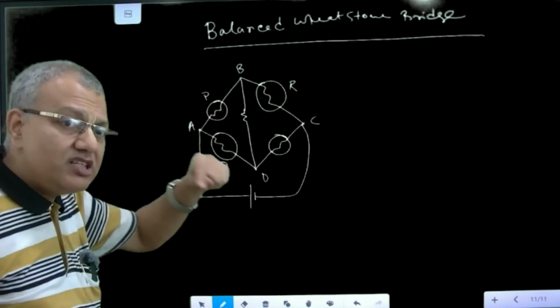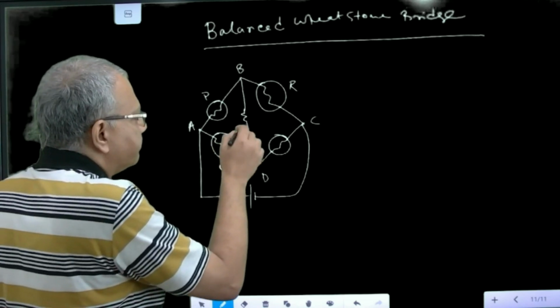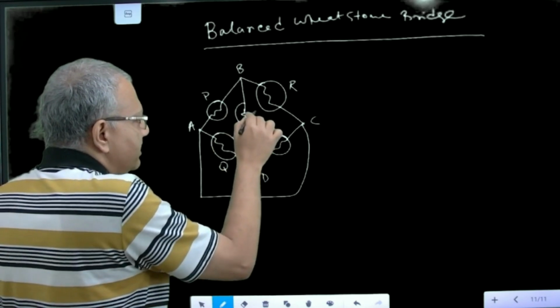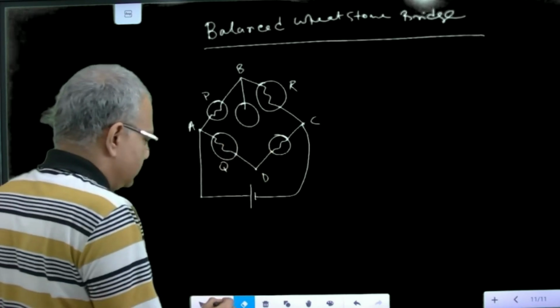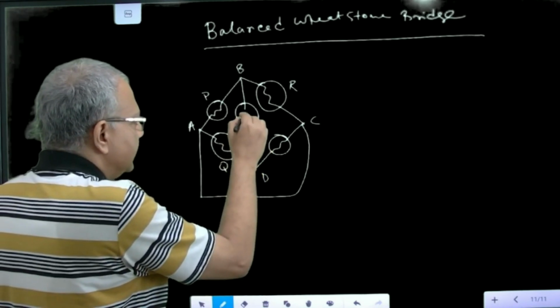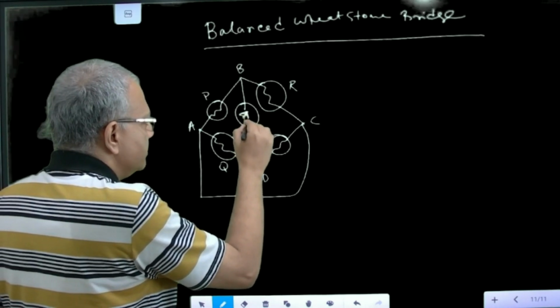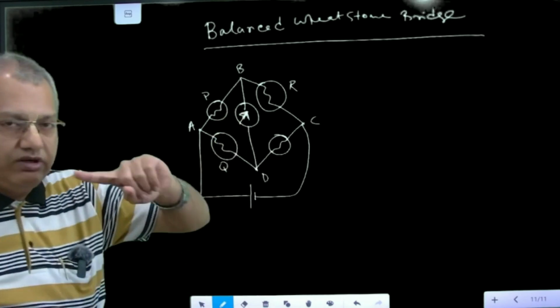If it is balanced or not, how to check? We have to see through this middle resistance. Suppose it is a galvanometer. A galvanometer is a special device through which, if current flows, there is a pointer that will deflect.